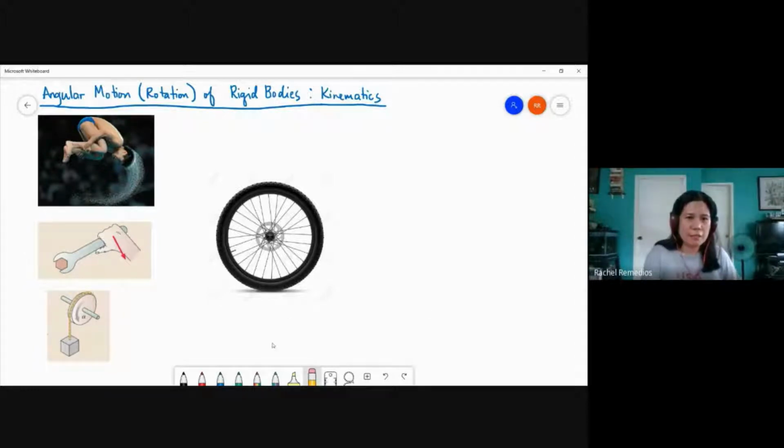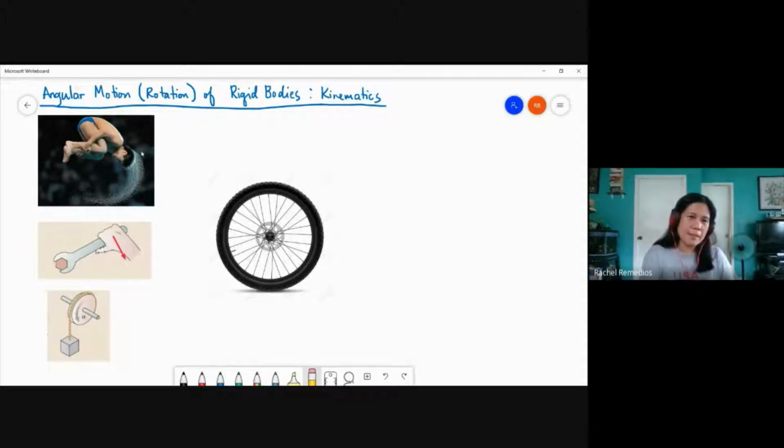So if you see in the figures here, I also use this image as an introductory photo in the PowerPoint for angular motion. You notice here the pattern of the water molecules that move away from the diver as he does the somersault, for example.